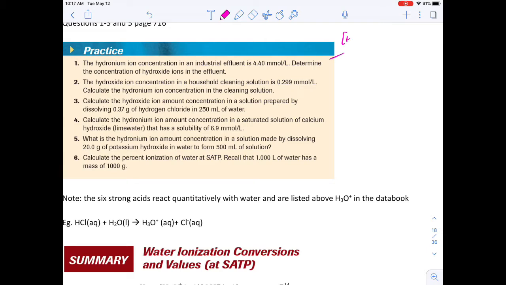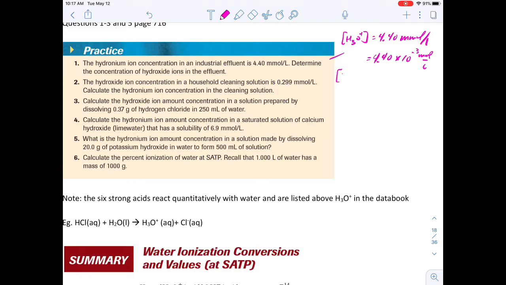So if the hydronium concentration is 4.40 millimole per liter, millimoles are 10 to the negative 3, so it's 4.40 times 10 to the negative 3 mole per liter.